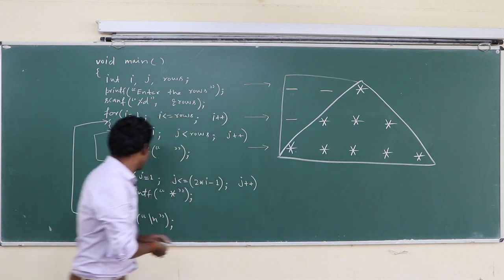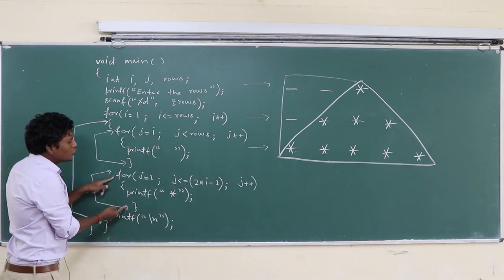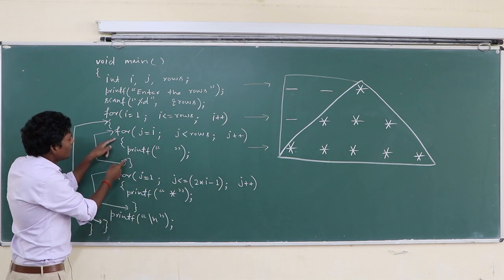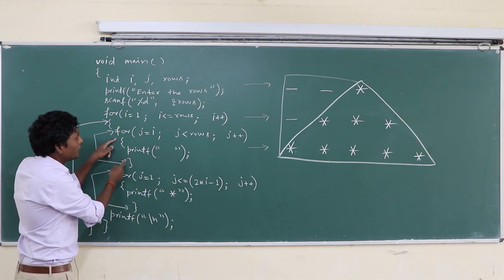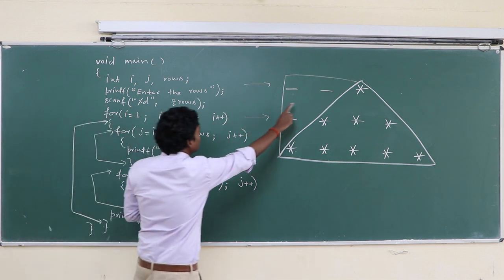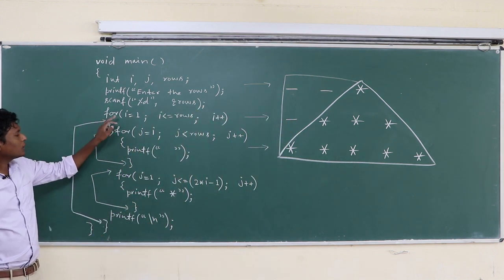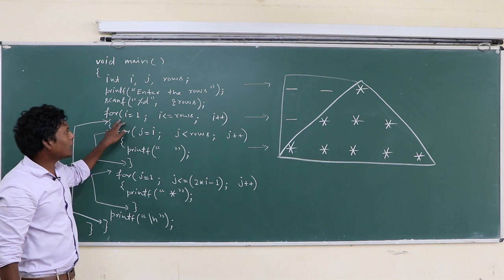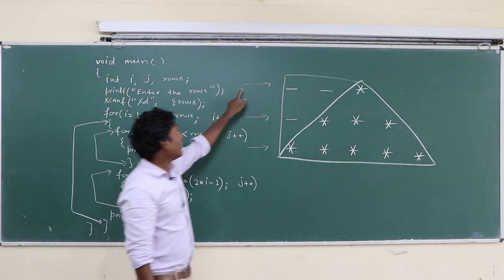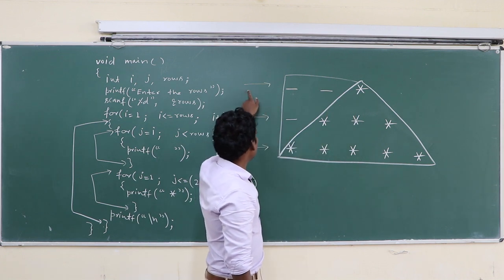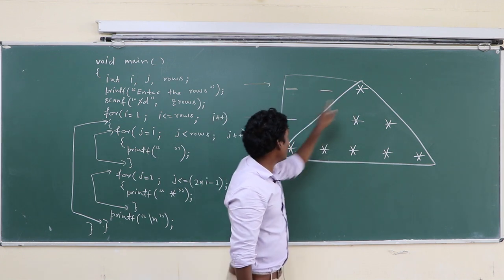This for loop is used to print this pyramid of stars, and this for loop is used to print this mini blank space triangle. Okay, this is the outer loop. This outer loop shows the number of rows, for this triangle and this pyramid also. So the outer loop represents the rows.